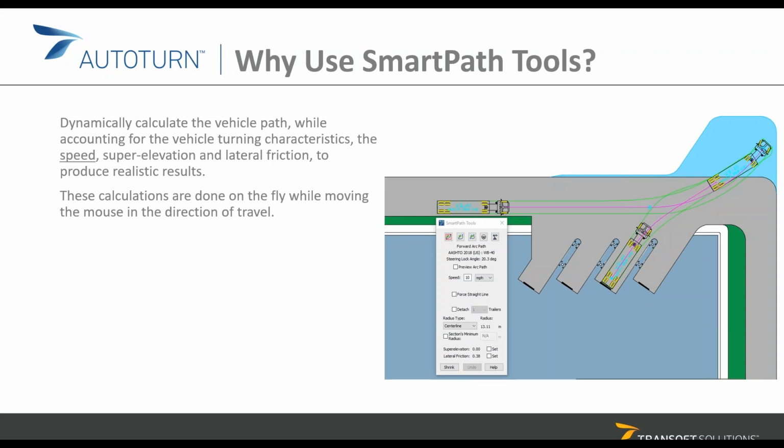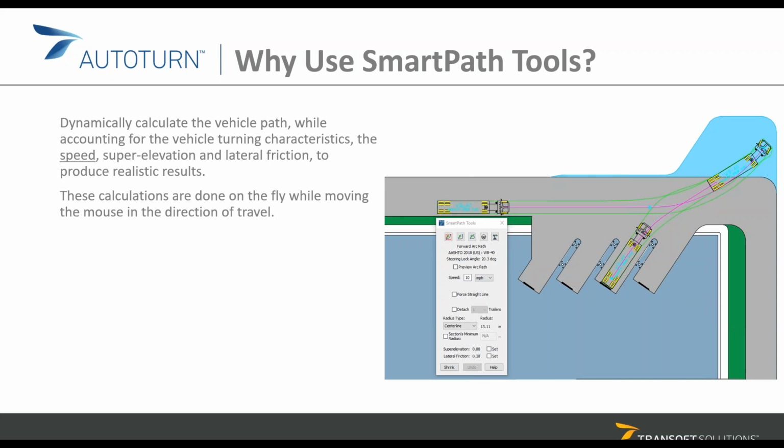The SmartPath Tools will also let you generate reverse maneuvers, such as the one we're seeing on the screen. And as you can imagine, trying to generate something as simple as this using the turning template will be a lot more challenging. And if we try to use centerline geometry as well, we'll be guessing where that magenta line should be to accommodate this vehicle.